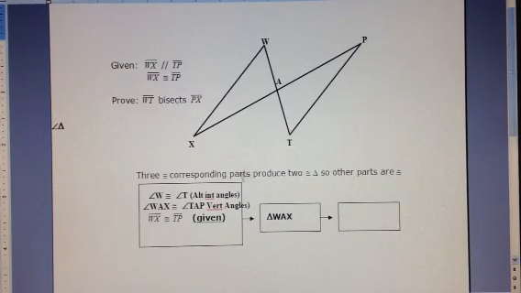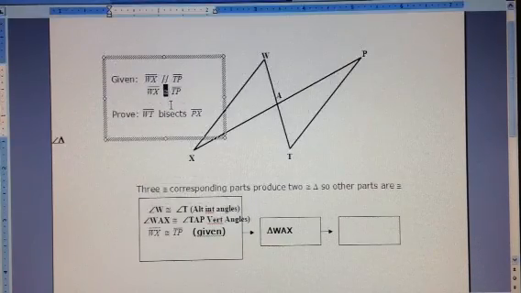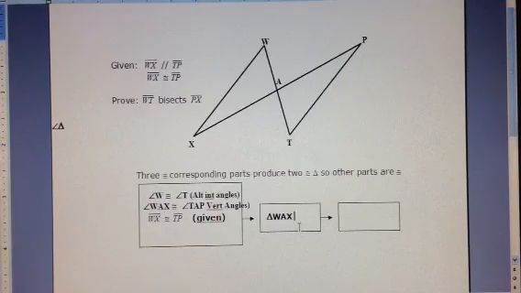Is congruent to triangle TAP. And of course the reason for that, which we can write underneath here, would be AAS. Now it doesn't matter if you write AAS or SAA, they both mean the same thing.